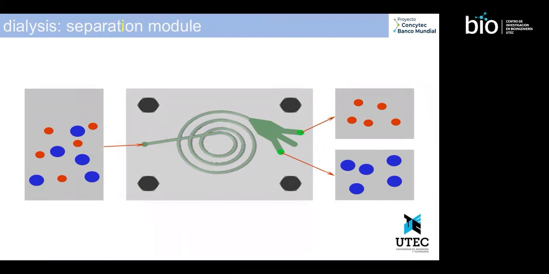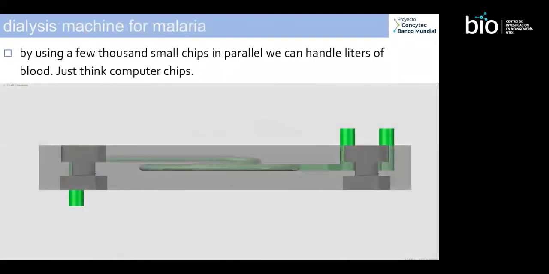To handle, say, 5 liters of blood, we would need a few thousand of these in parallel. Just think computer chips. There are a lot of small components on computer chips all put together, and you can handle something bigger.